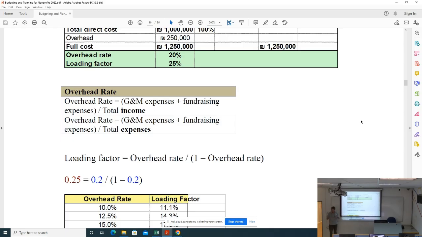You all remember, right? Percentages and fractions are the same. And that is exactly 0.2, which is the overhead rate, divided by 1 minus 0.2, which is 0.8. 0.2 divided by 0.8, or 20 divided by 80, 20% divided by 80% is exactly 25%. Don't worry, we'll do a lot of exercises with that. So it will be clear through hands, not through head.